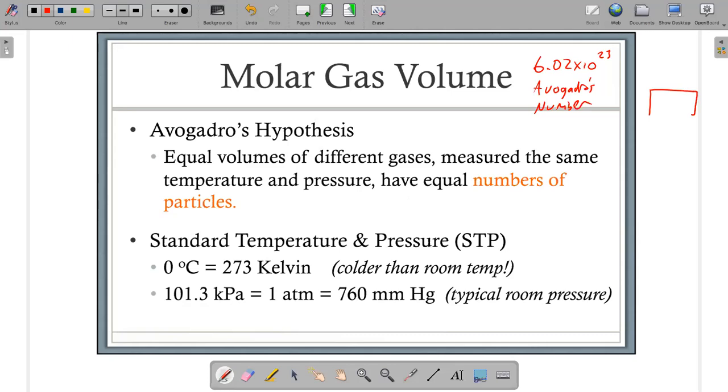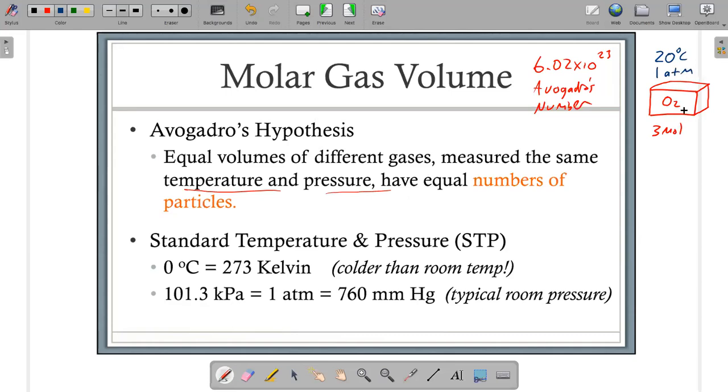So what I mean by that is, let's say you have a box and it's got some oxygen in it. And maybe that box has 3 moles of oxygen. If they're at the same temperature and the same pressure, so let's say room temperature, which is about 20 degrees Celsius, and atmospheric pressure can change, and there's one unit of pressure called the atmosphere, 1 atmosphere pressure.